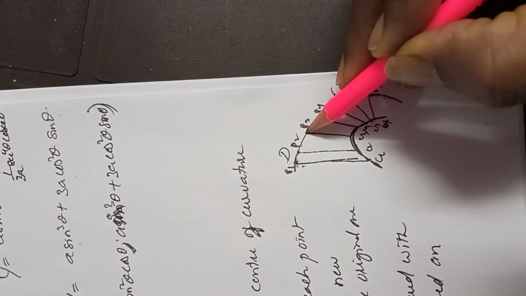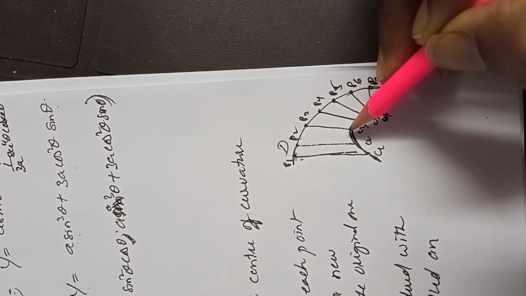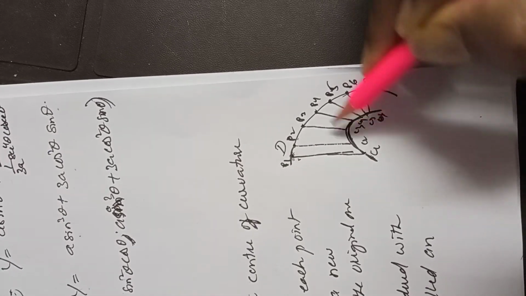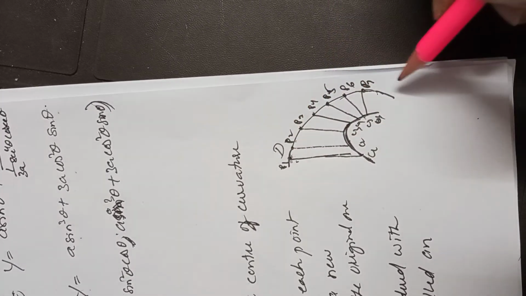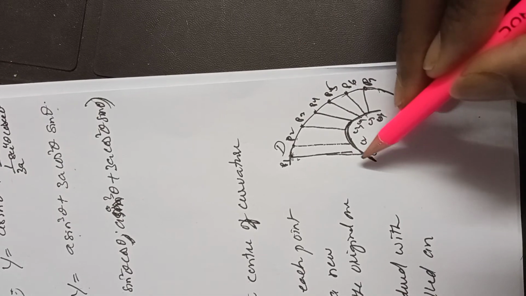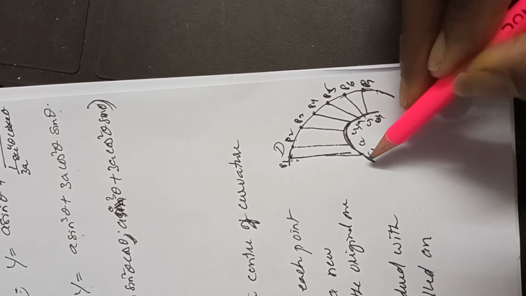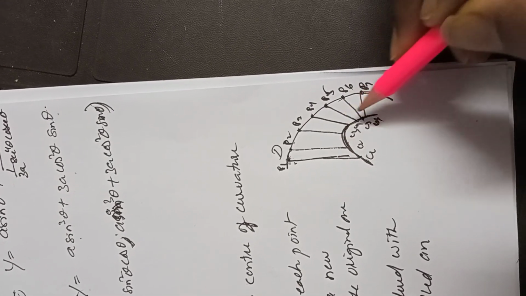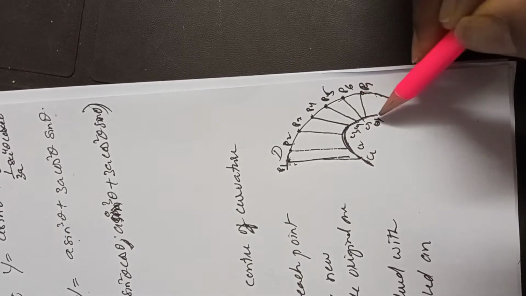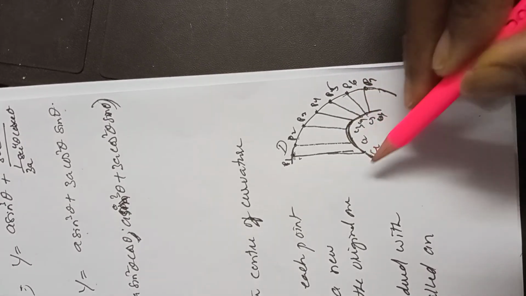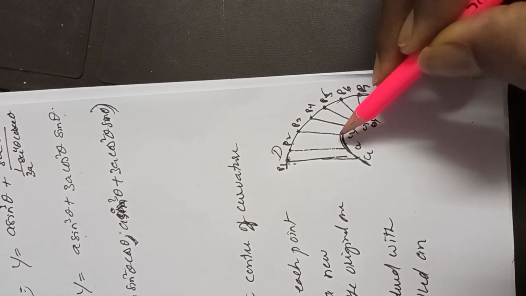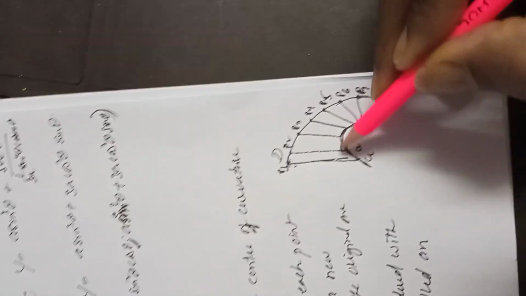With respect to this point, the center of curvature is C3. Like this, we are taking almost 7 points, and their centers of curvature are these. Now if you join all those centers of curvature, you will get a curve. This curve is called evolute. The locus of the centers of curvature is called evolute.